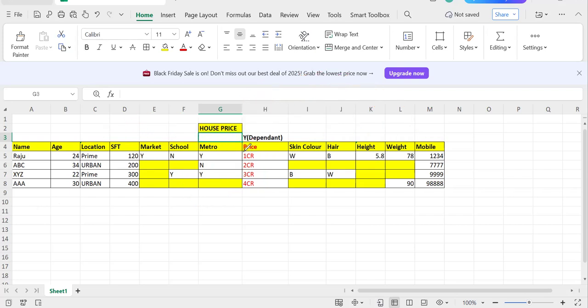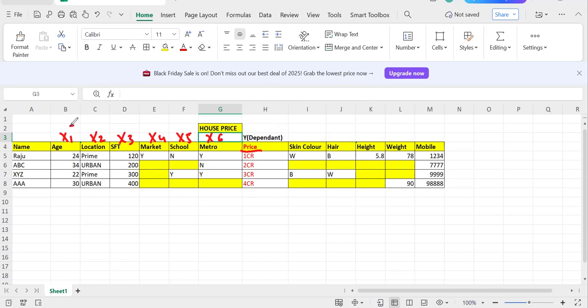So y is the dependent variable, and let's suppose this is x1, this is x2, this is x3, this is x4, this is x5, and this is x6.